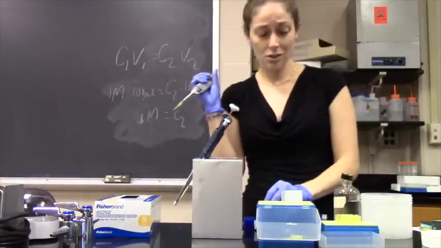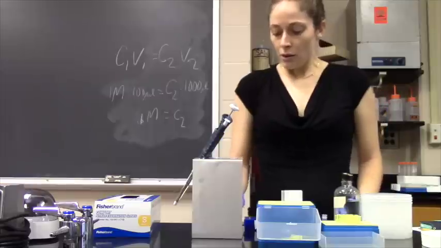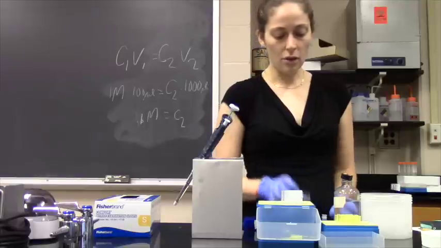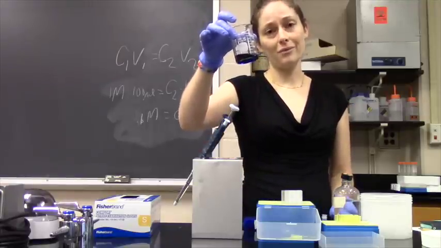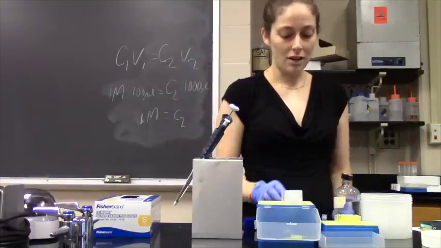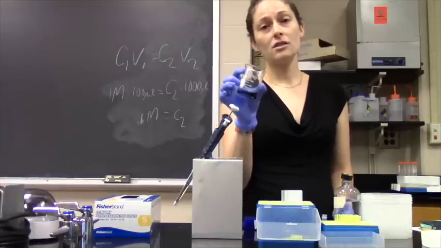All right, why do we have to do dilutions? Well, there's a few different reasons, but mainly you often have a starting stock of something and it's too concentrated, so you have to dilute it. Makes sense, right? Why do we have things that are too concentrated?